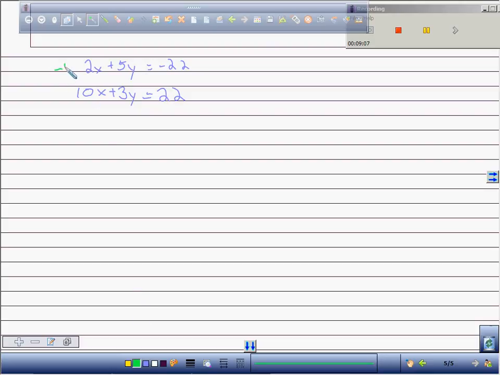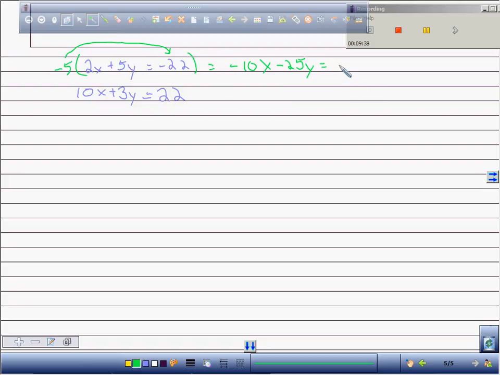And the reason for that is because when I add, I want the 10x's to go away. So when I multiply this, I have to multiply everything through. So I get negative 10x, and negative 5 times positive 5 makes negative 25y equals, and what people always forget to do, they have to multiply this by negative 5 as well.